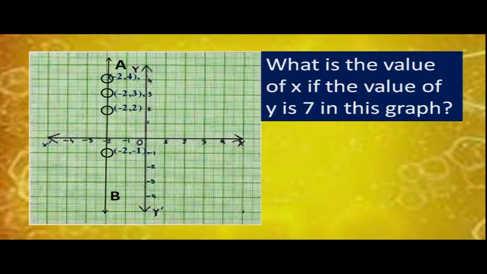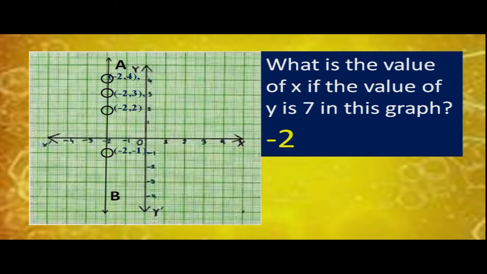So what is the value of x if the value of y is 7 in this graph? As we learned, in this case x will always be -2, so the value will be -2.